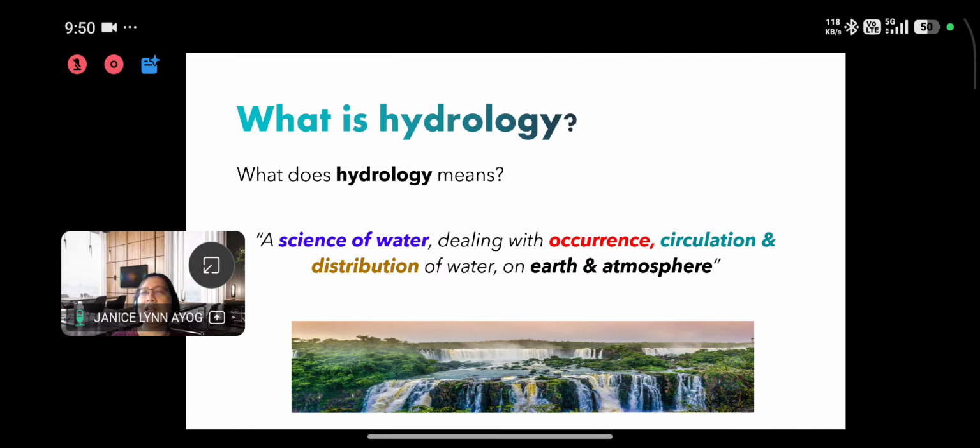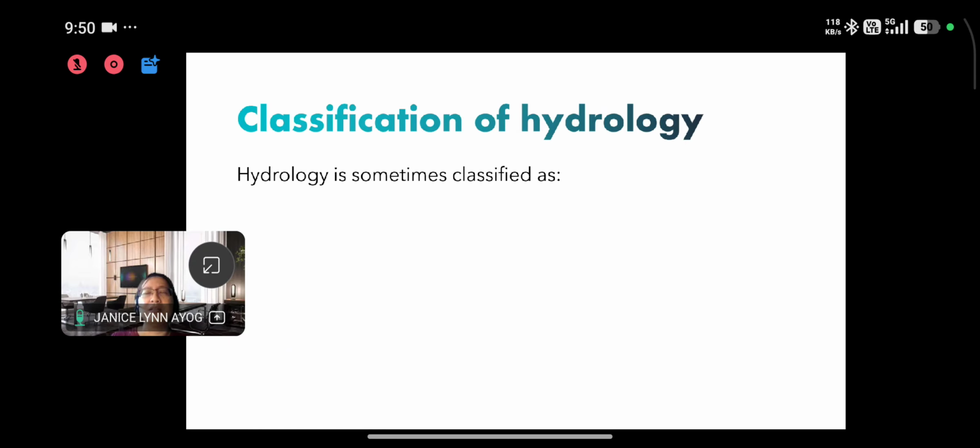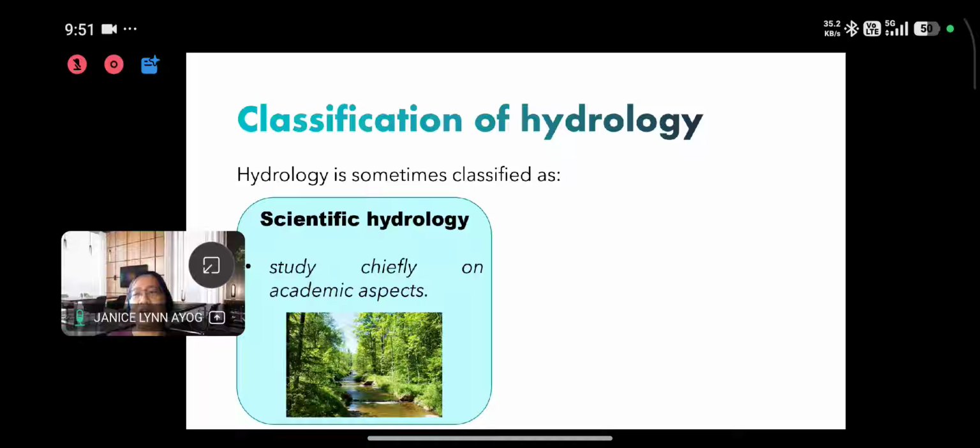Okay, so it's basically the science of the movement of water, in a simplified word, from the sky to the land. Okay, so hydrology is sometimes classified as scientific hydrology, which mainly covers the academic aspect of the hydrology, a study of water.